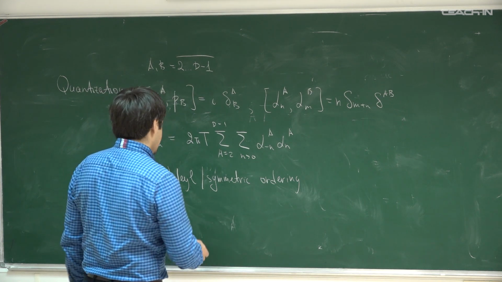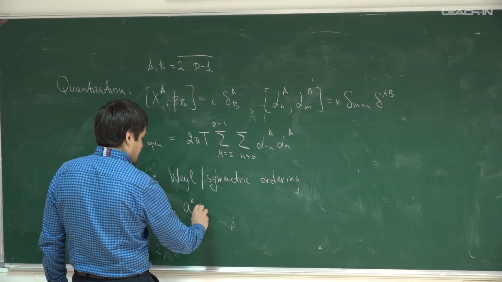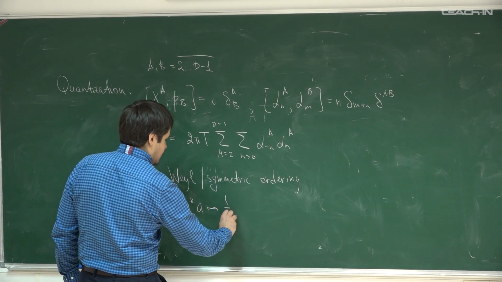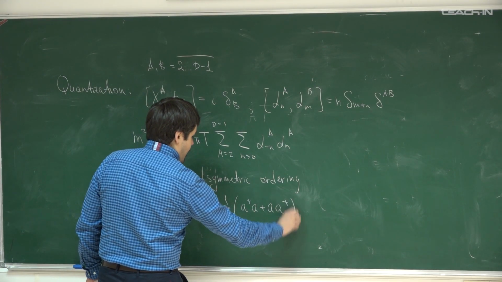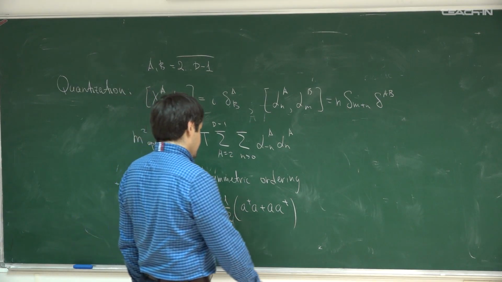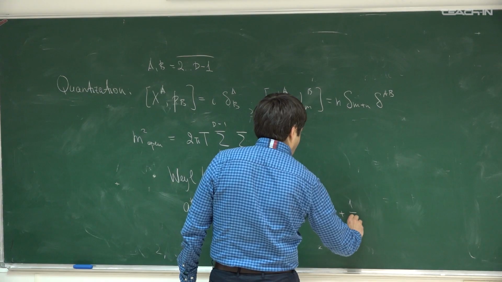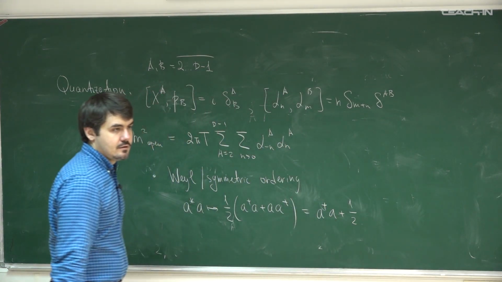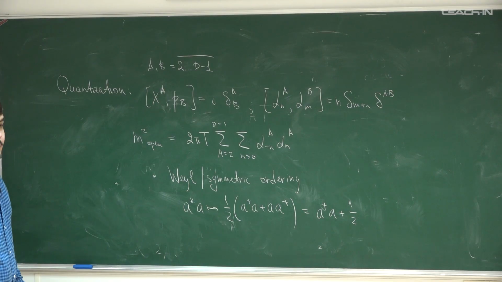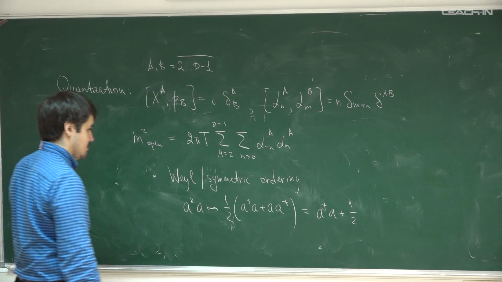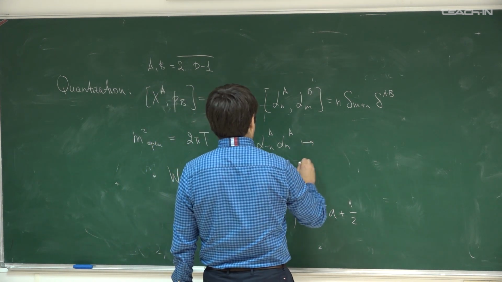In the usual harmonic oscillator, we replace A star A with 1/2 (A dagger A plus A A dagger), which is A dagger A plus 1/2. That's how we get the famous 1/2 shift of the oscillator. So we could do this here.